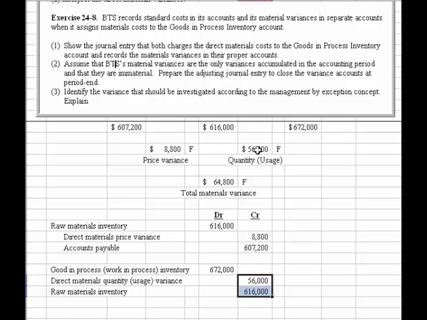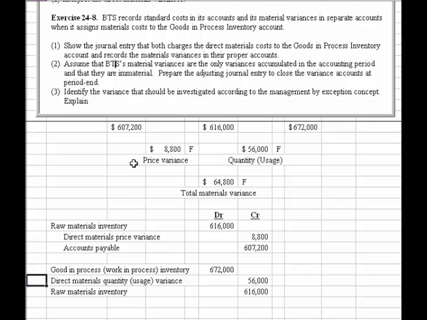Okay, if we've done that one correctly, that would equal the 672. And that takes care of part 2, where we want to record the entries for these adjustments.